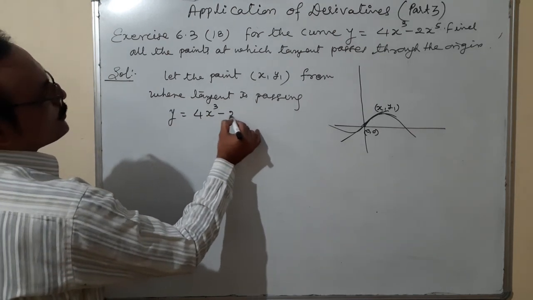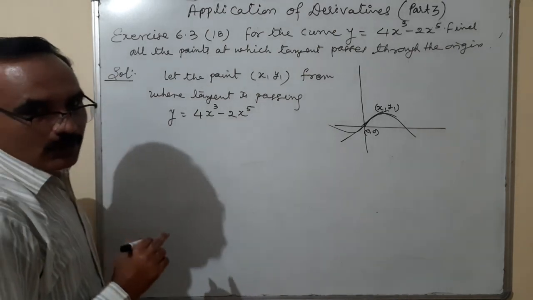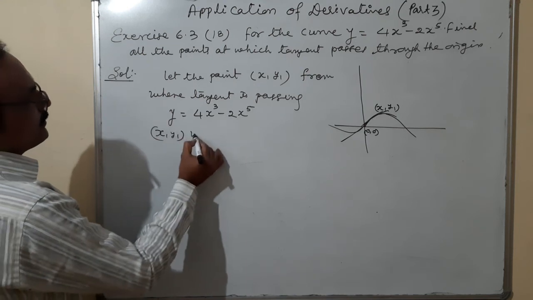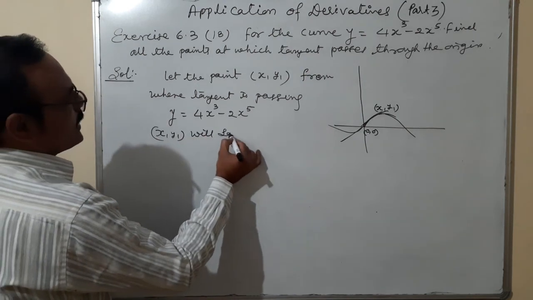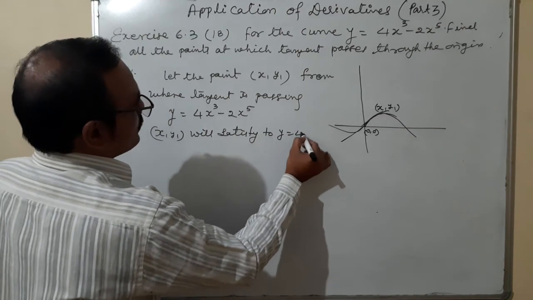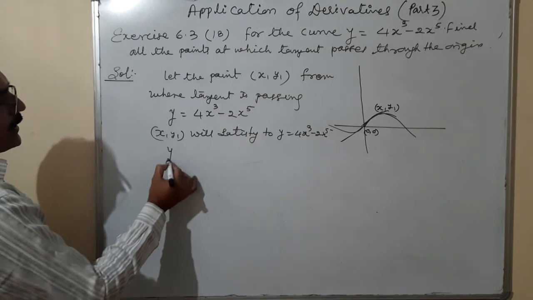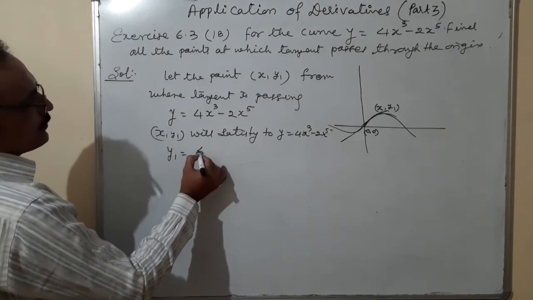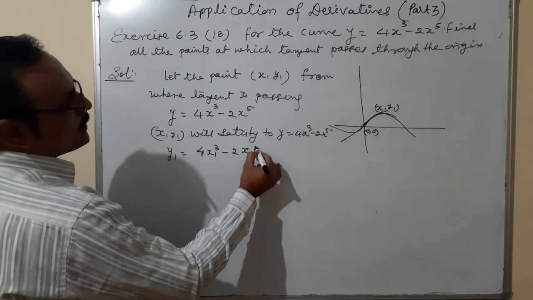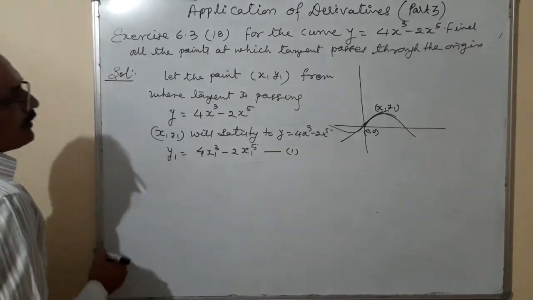So this common point x1, y1 will satisfy y is equal to 4x cube minus 2x to the power 5. So I write here y1 is equal to 4x1 cube minus 2x1 to the power 5. Equation number 1.